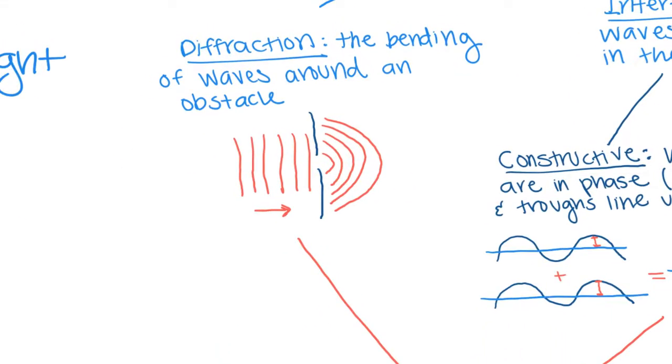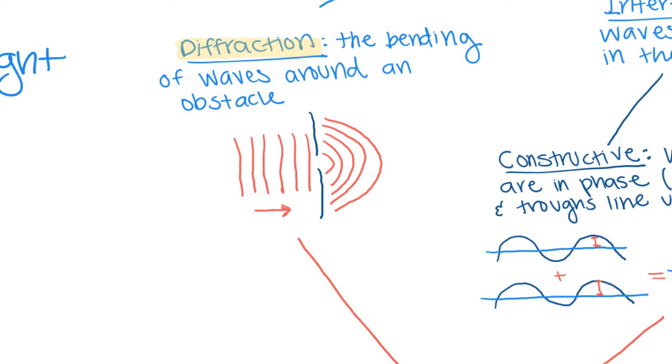Another cool characteristic of light waves is that they're also able to have diffraction. And again, all waves have diffraction, okay? Even ocean waves have diffraction, but the way that light waves are used in this example is pretty neat. Diffraction is when a wave bends around an obstacle.